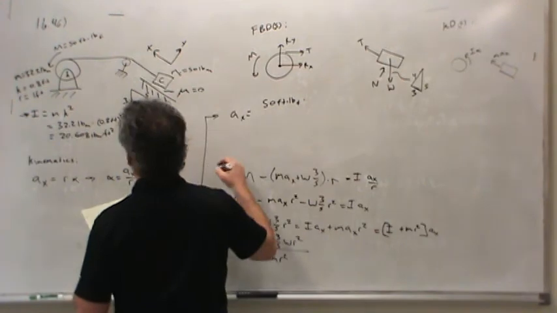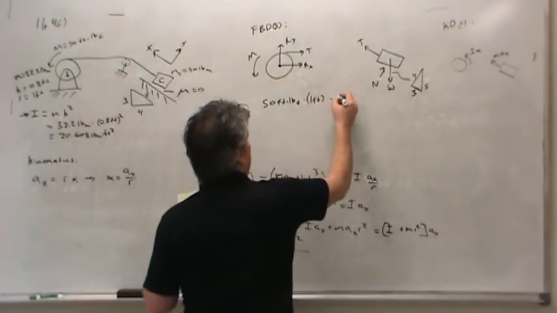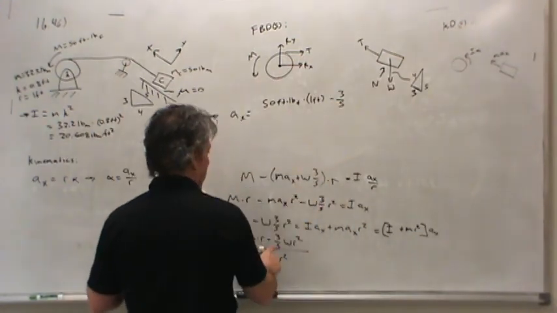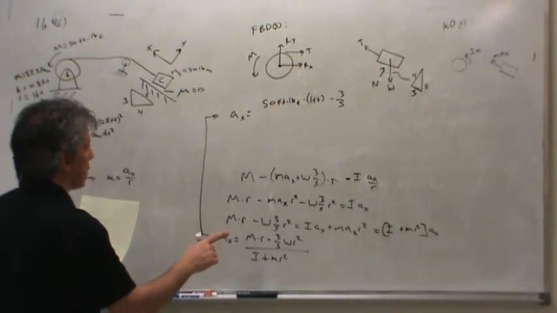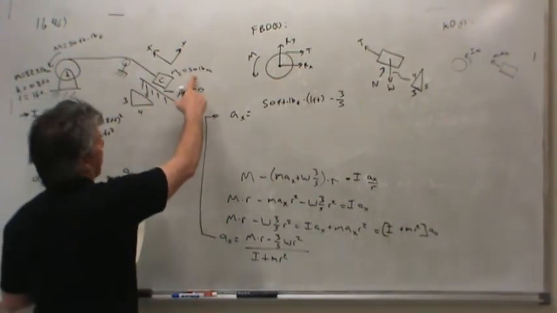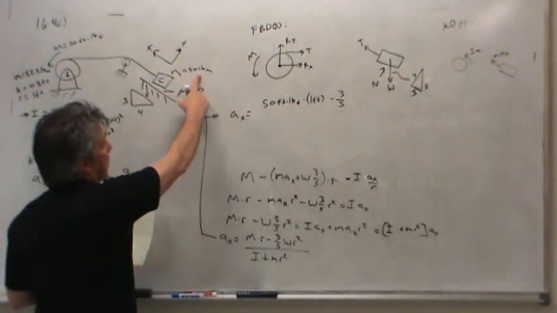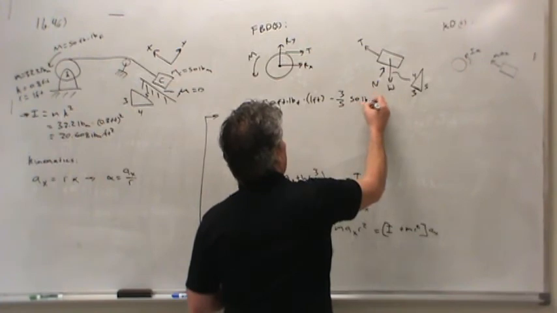The radius R is 1 foot. Minus 3/5 of the weight. What weight? Well, that must be the weight of block C, which is 50 pounds. Now look, the mass is 50 pounds mass, therefore the weight is 50 pounds force.